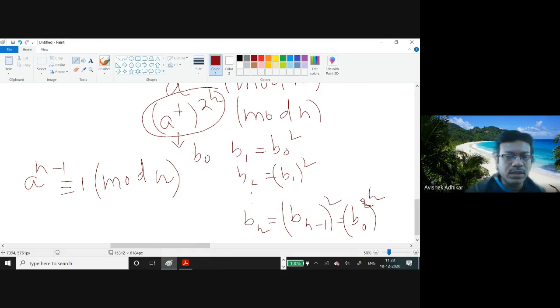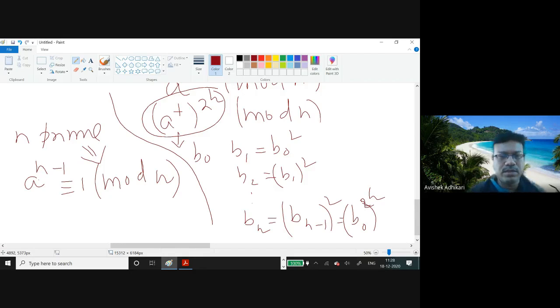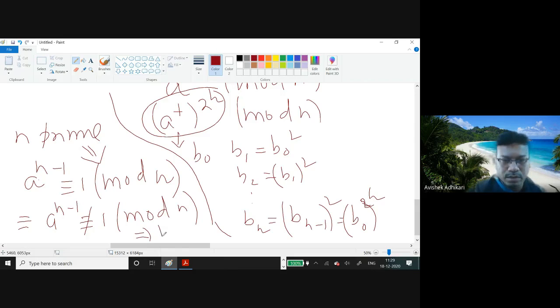So n prime will imply this. Logically equivalent to that, if this does not happen, modulo n, what will be your conclusion? That will imply n composite, right?